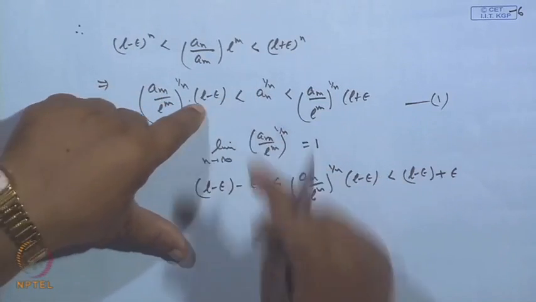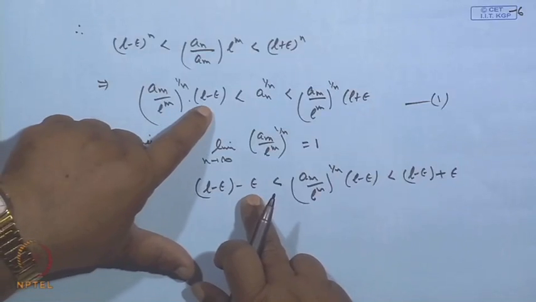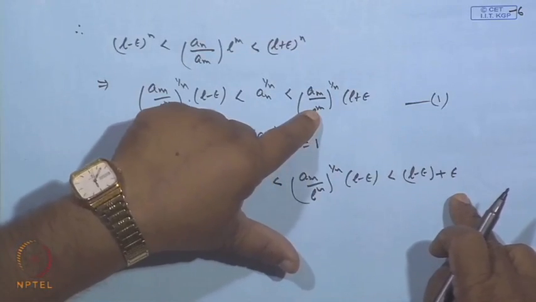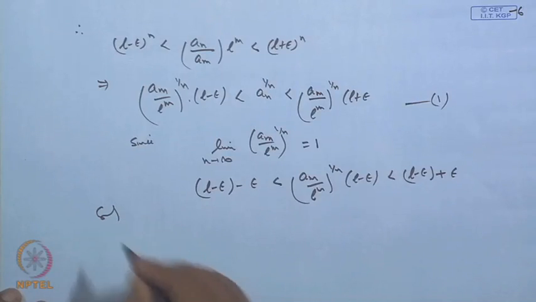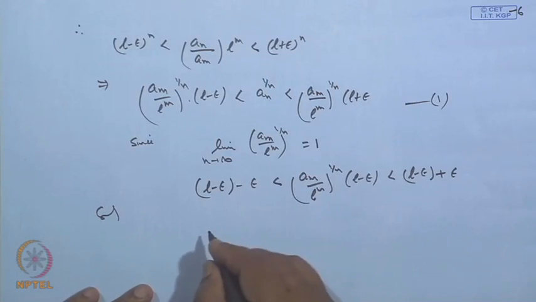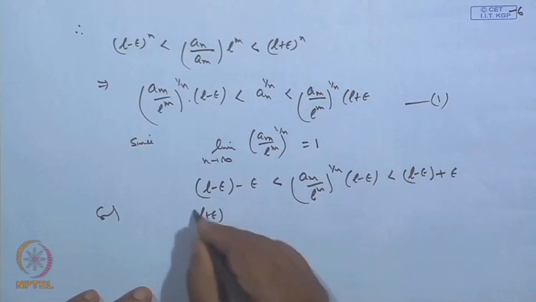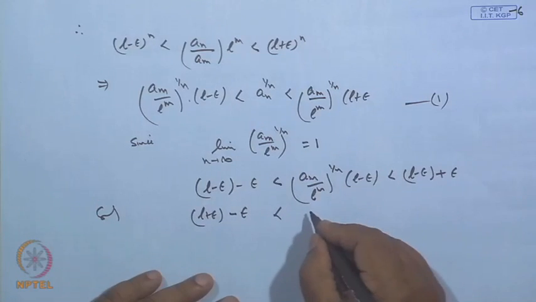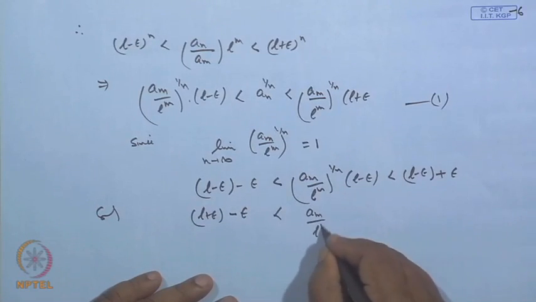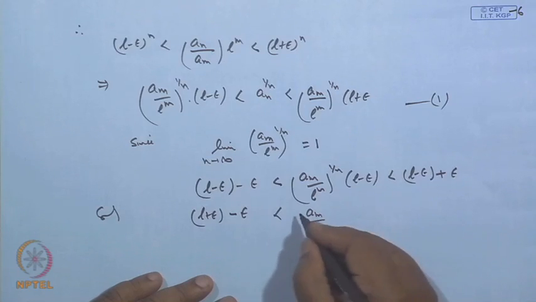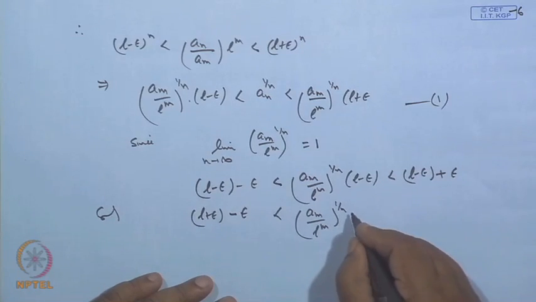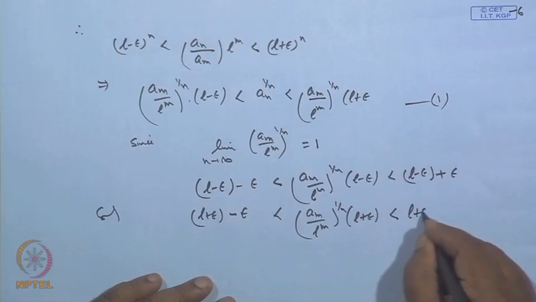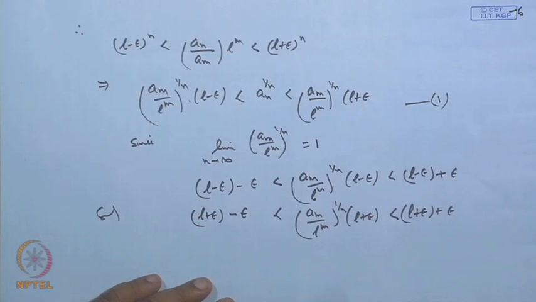So this total thing will lie between L minus epsilon minus epsilon and L plus epsilon. Similarly, we can say L minus epsilon is less than (a_m over L^m) raised to the power 1 by n times L, which is less than L plus epsilon plus epsilon.